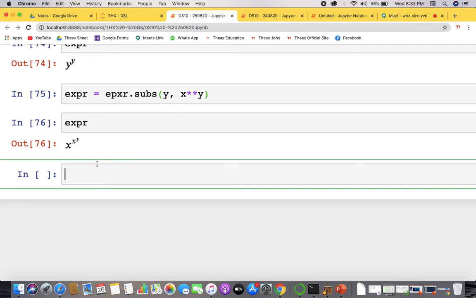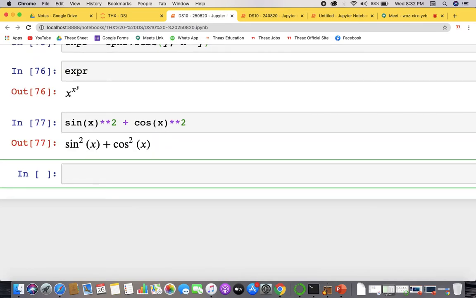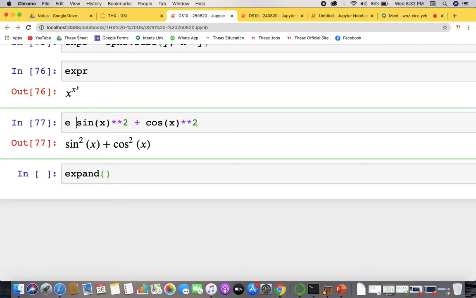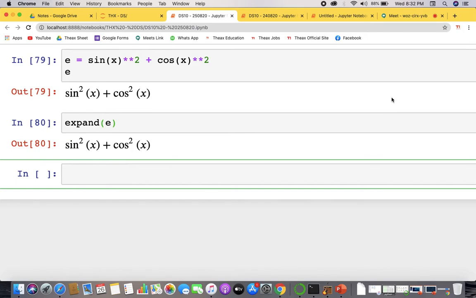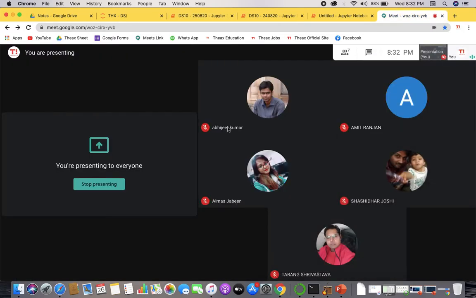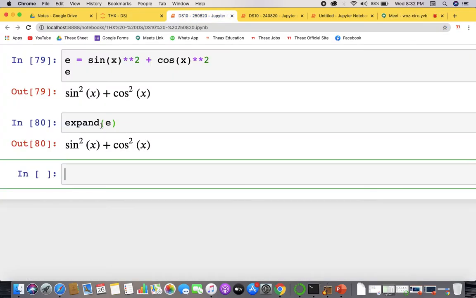If I write an equation of sine x square, sine 2x, cos 2x, sine square x plus cos square x, and this is a trigonometric function, and I say I want to expand this equation, let's just take it as e. So we want to expand the trigonometric equation of this e, and this would lead to 1, right?